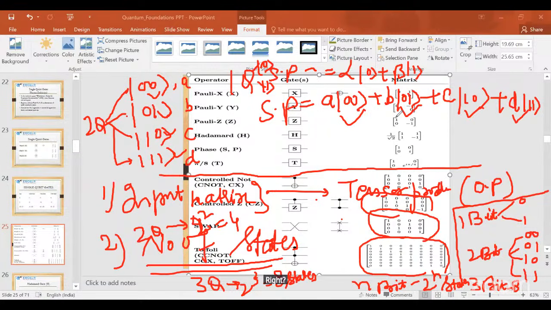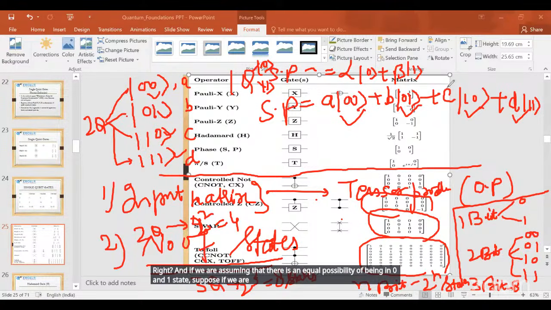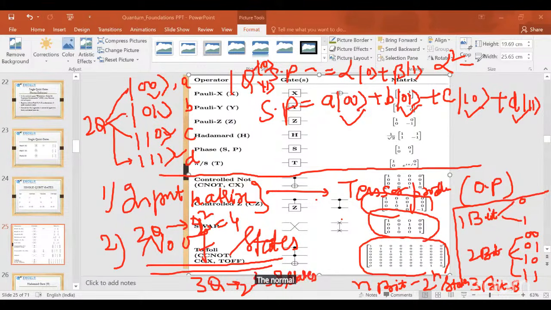If we assume there is an equal possibility of being in the 0 and 1 state, then the normalizing condition says that alpha squared plus beta squared should be 1.